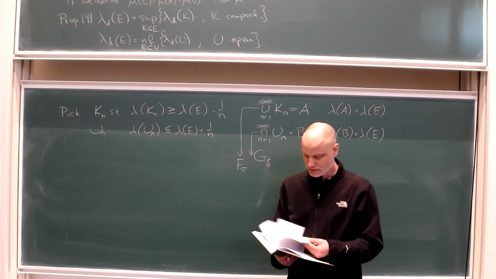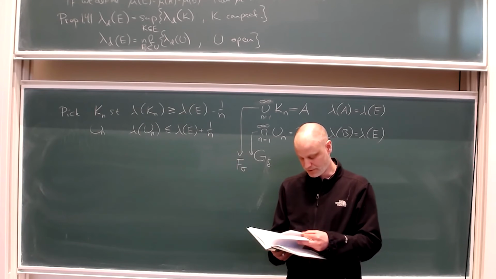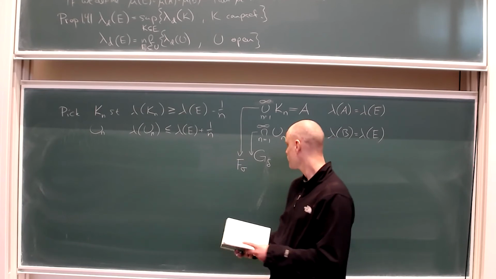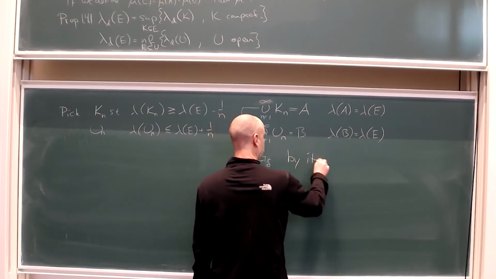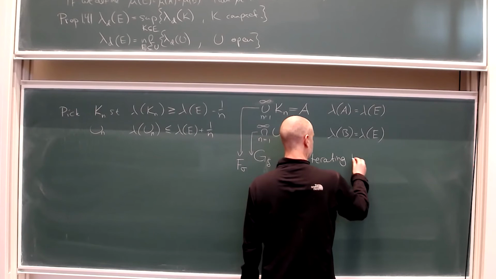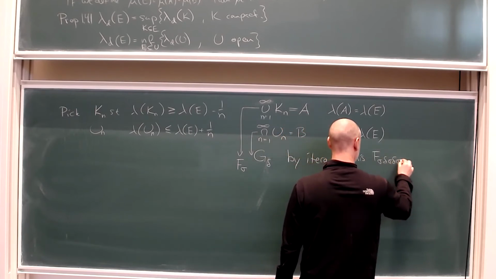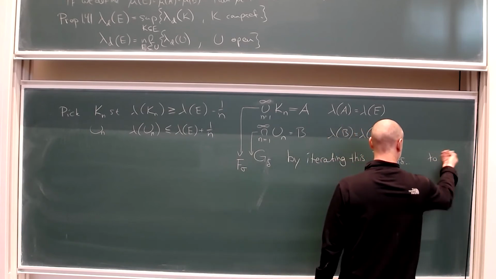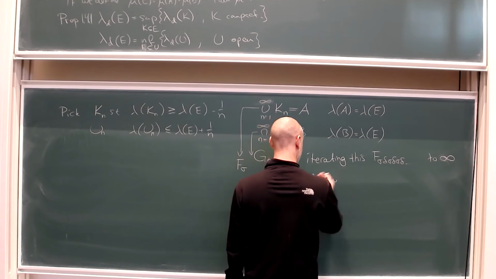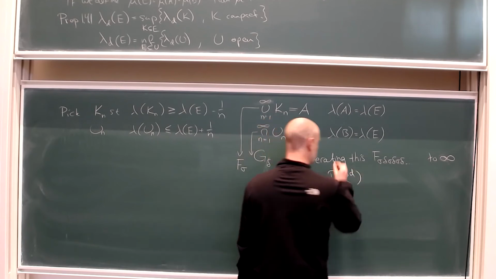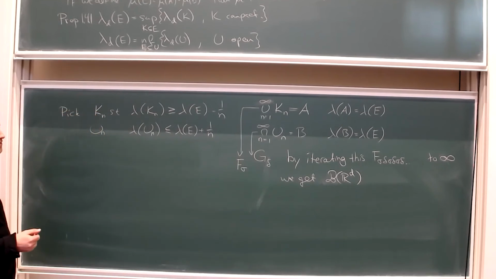So that is 8.2 exercise 7. So by iterating, I stick to the F sigmas, that's what we're discussing here.